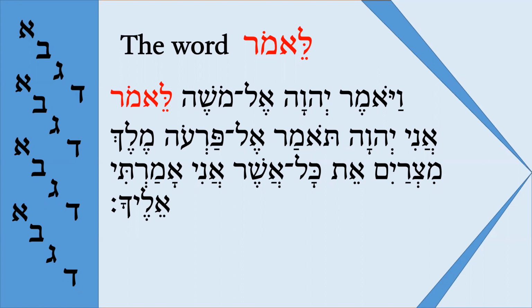And he said. Yes, and he said, very well. Who said? Adonai. So we can say, and the Lord said to Moses, El Moshe. And the Lord said to Moses, lemor. And we can just omit it, or we can say saying.